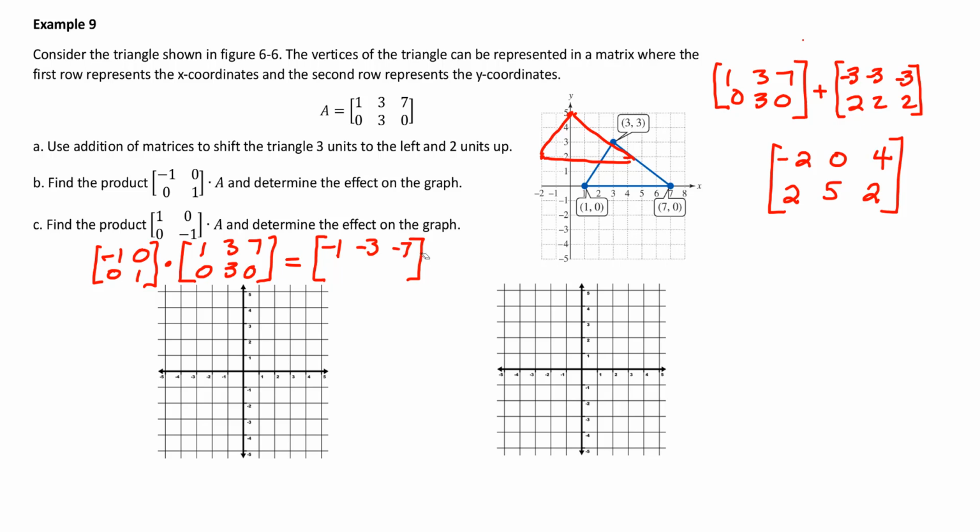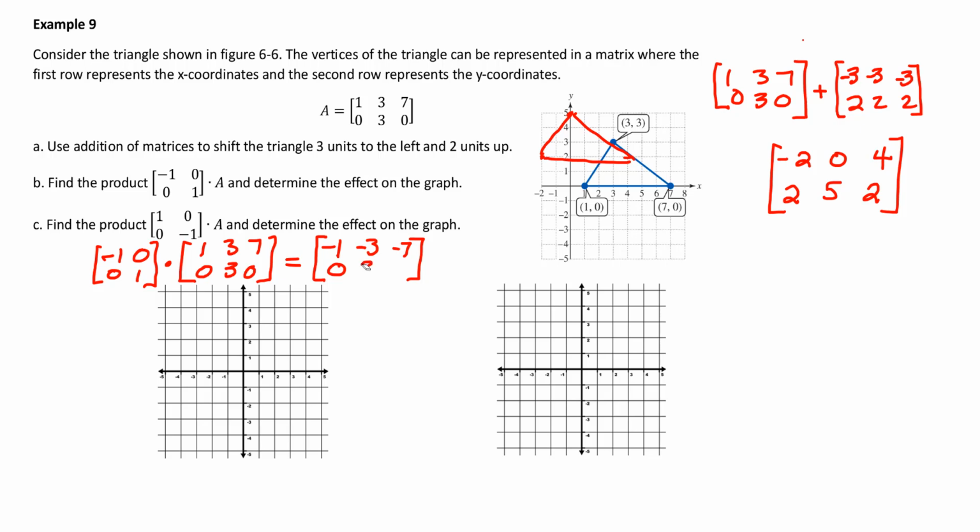All right, we did the first row across all the columns, and now we need to do the second row. The second row is 0, 1. We're going to go across and down, so 0, 1, across and down 1, 0. So 0 times 1 is 0, 1 times 0 is 0, and adding 0 and 0 you get 0. Then we take that second row and go down the second column. 0 times 3 is 0, plus 1 times 3 is 3.